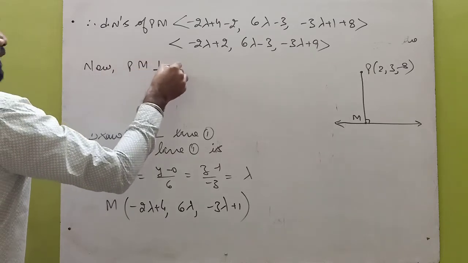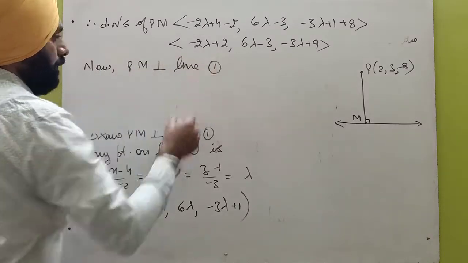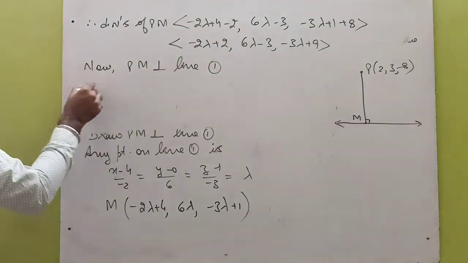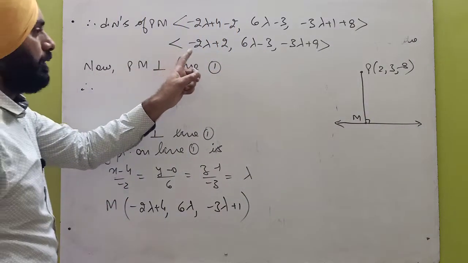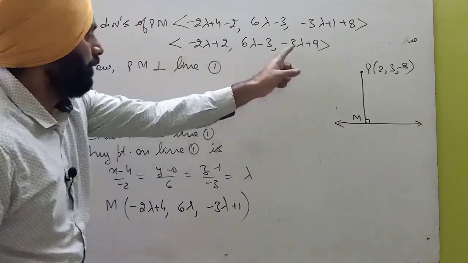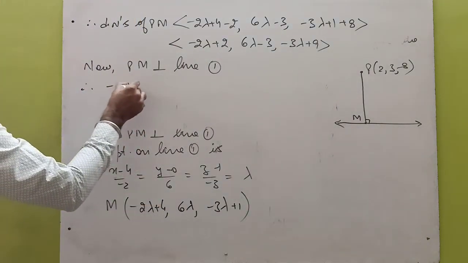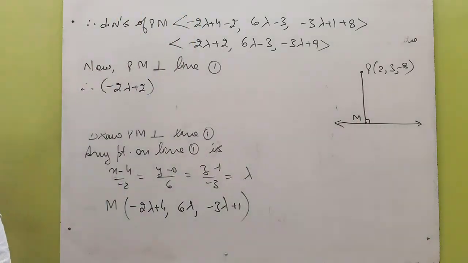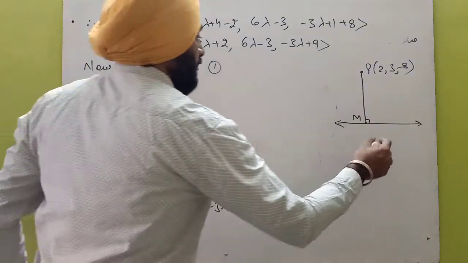Now the PM line is perpendicular to the given line number 1. And when two lines are perpendicular, then the sum of the products of the direction numbers is 0. The direction numbers of this line PM are given, and the direction numbers of the given line we have already found: minus 2, 6, minus 3.